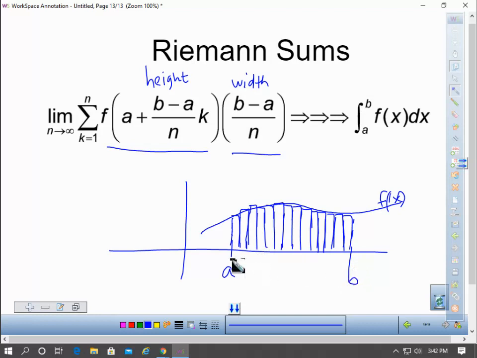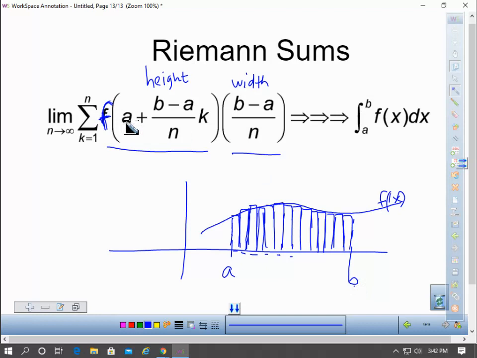So b minus a is this length, and dividing that length into n rectangles gives me the width of each rectangle. Then f of this expression tells me the height of each one of these rectangles as we go along from A to B.